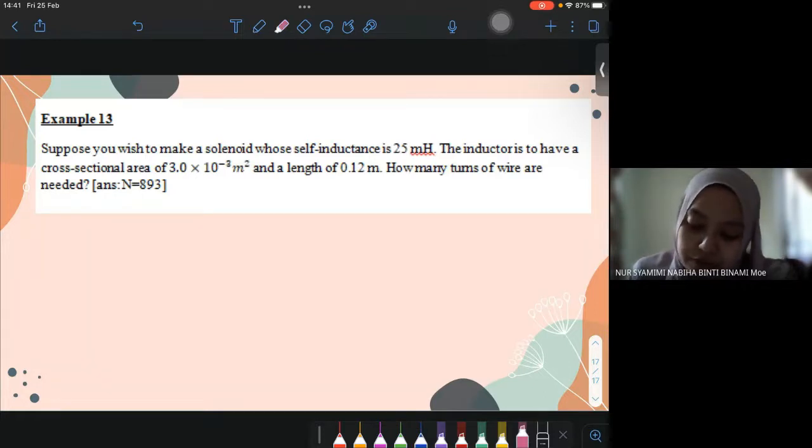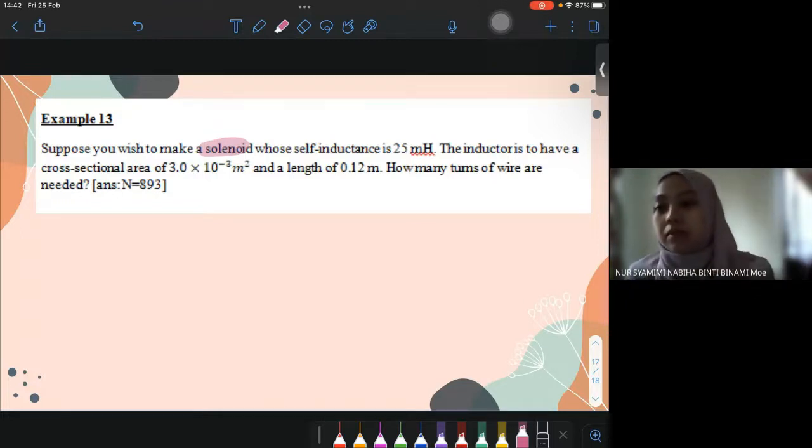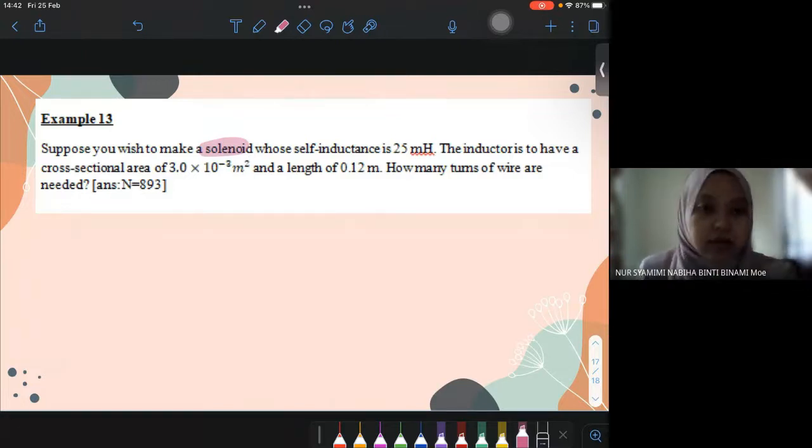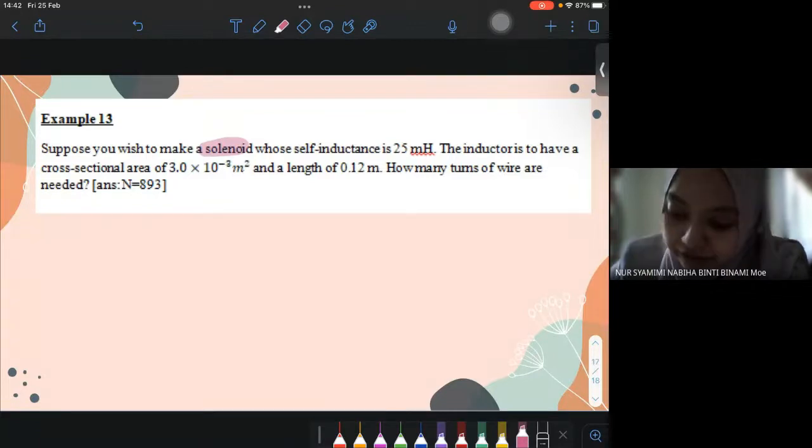Suppose you wish to make a solenoid whose self-inductance is 25 millihenry.